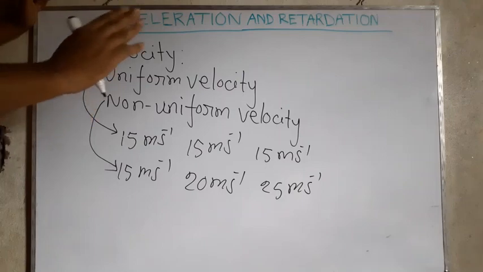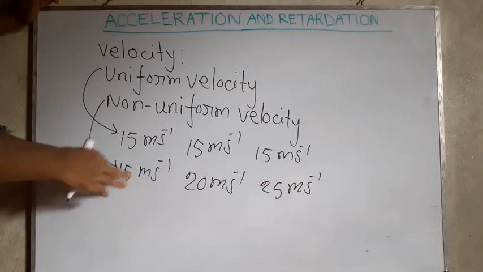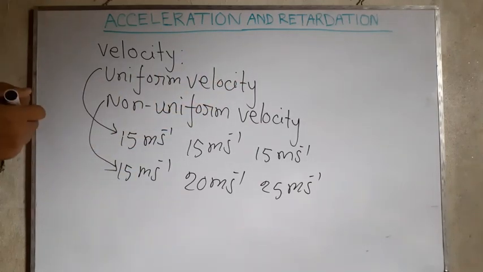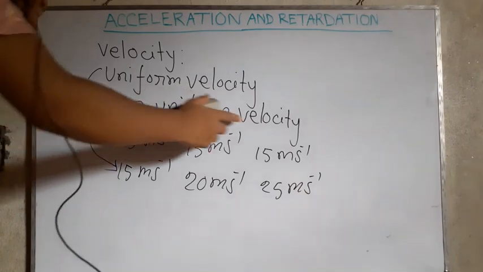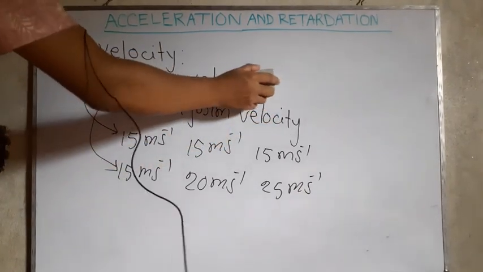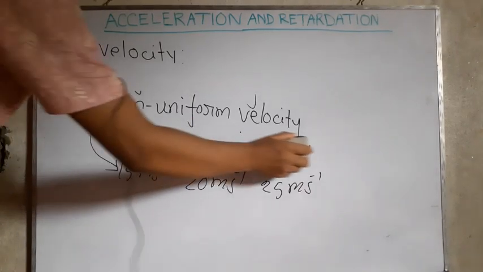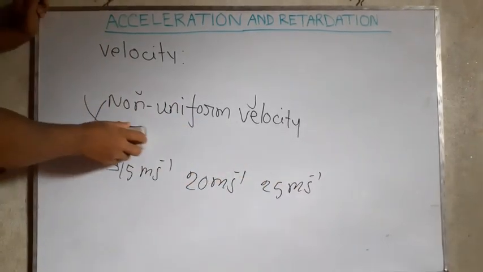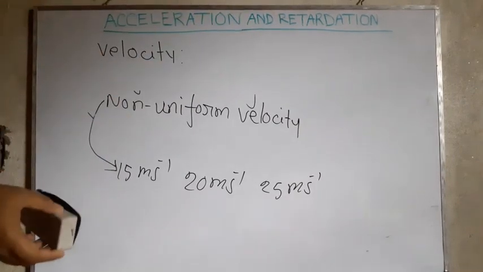When an object changes its velocity, there will be acceleration or retardation. Therefore, today we will discuss non-uniform velocity. In uniform velocity, there is no acceleration. In case of non-uniform velocity, there will be acceleration or retardation.